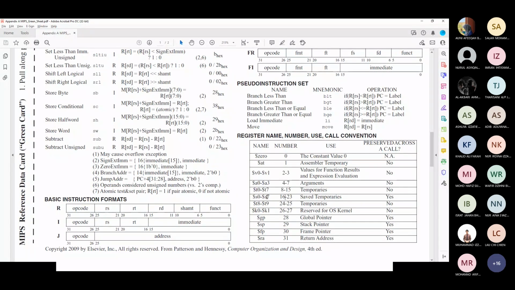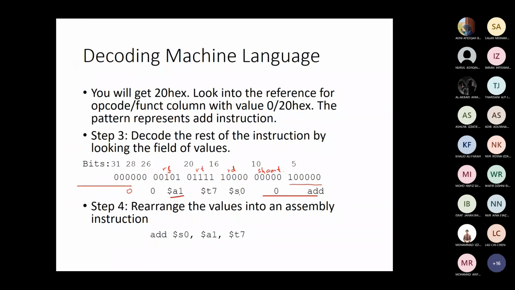So 16 means S0 until S7. So 16 is S0. You just write it here S0, and then the shift amount, and then you rearrange back again. You rearrange to add here, and then this is the destination register, right? So you will put it here, and then your source is the first operand, RT is your second operand.